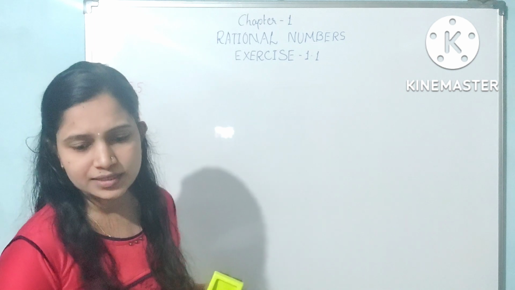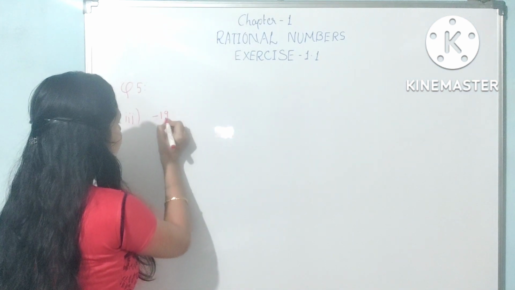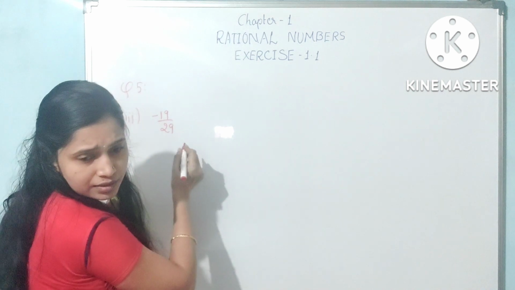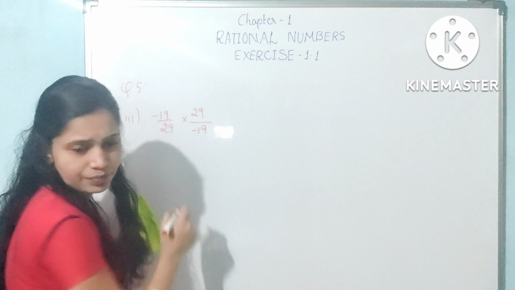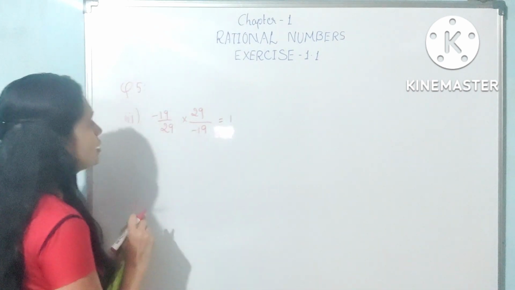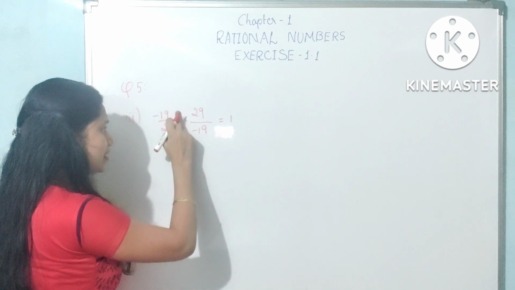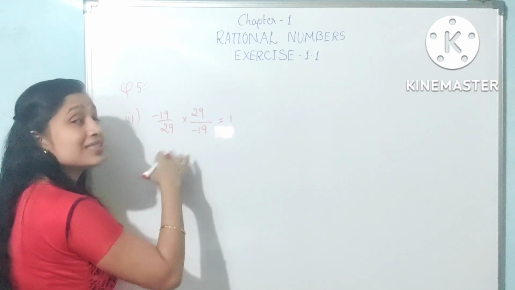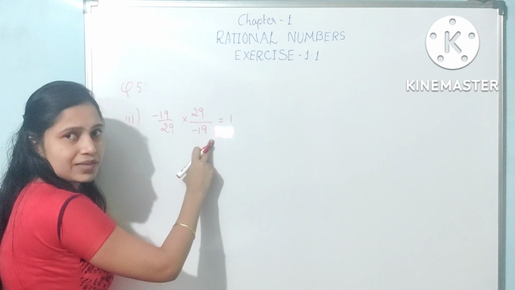The next one is minus 19 by 29 into 29 by minus 19 is equal to 1. See here, what they have done. The multiplicative inverse of minus 19 by 29 is nothing but 29 by minus 19, right?